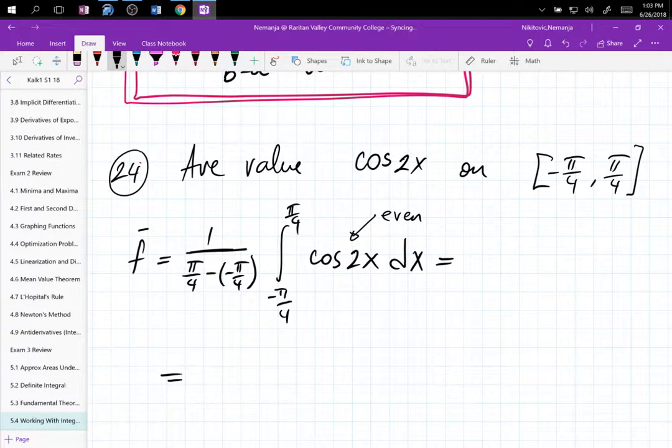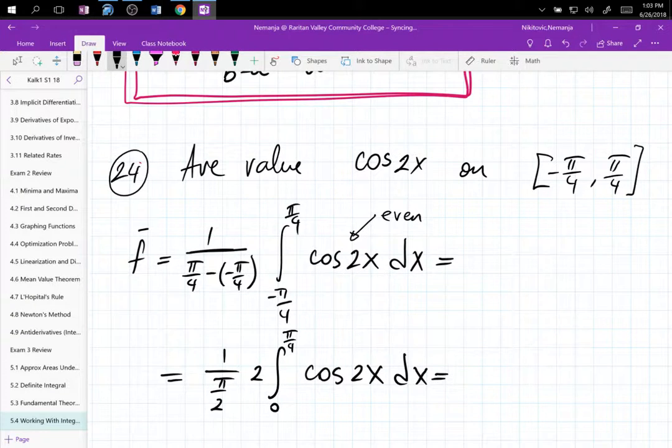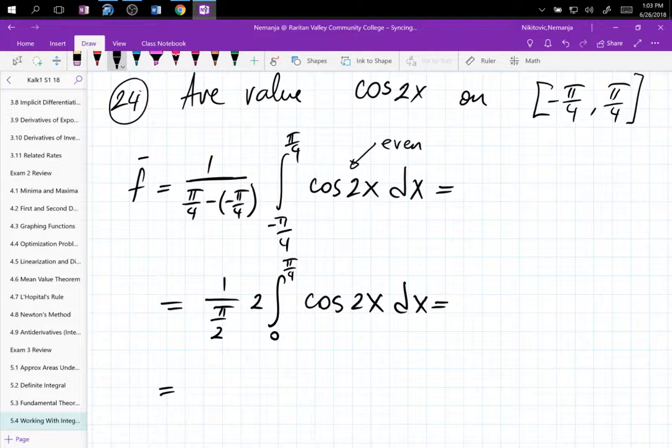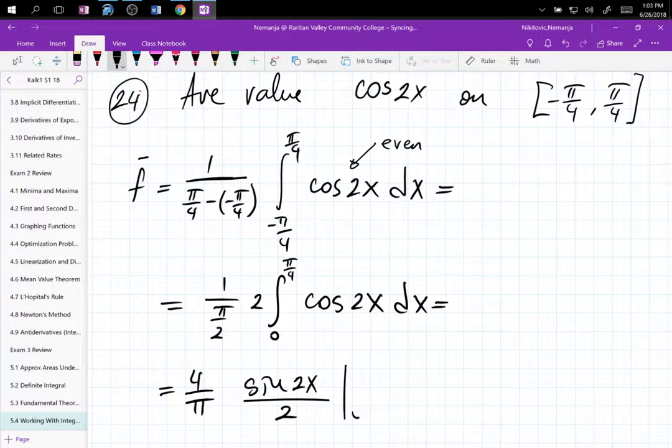So the whole thing is 1 over pi over 2 times the integral, with a 2, from 0 to pi over 4 of cosine 2x dx. So now we have 4 over pi, and then the integral of cosine is sine 2x over 2, computed from 0 to pi over 4.